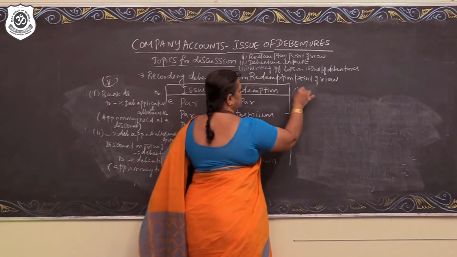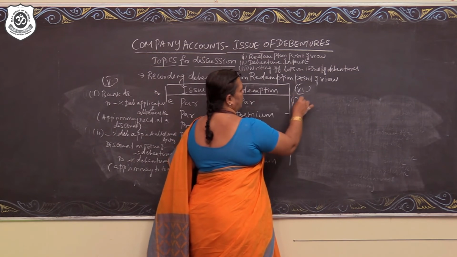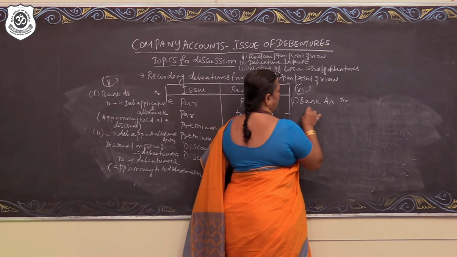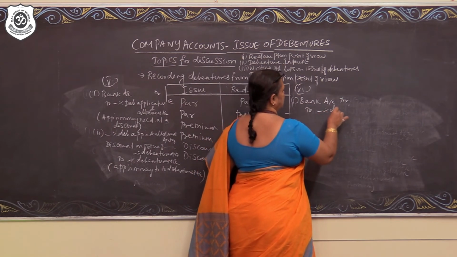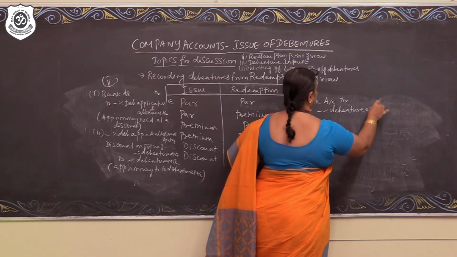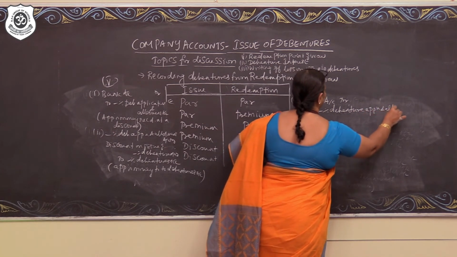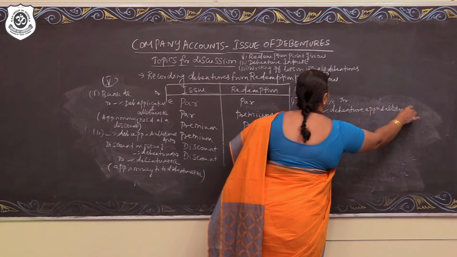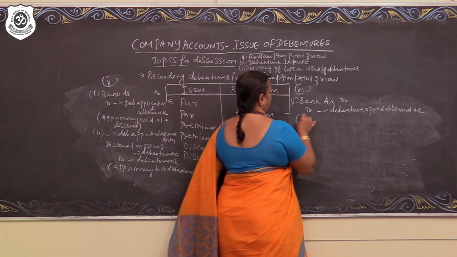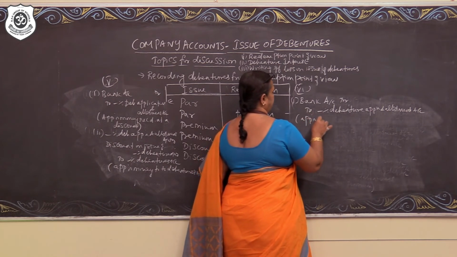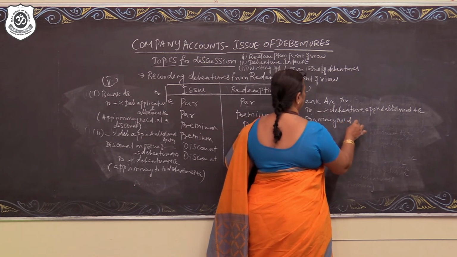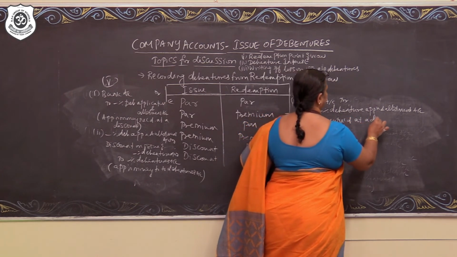So, case number 6, entry number 1, bank account debit to dash percent debenture application and allotment account. Application money received at a discount.